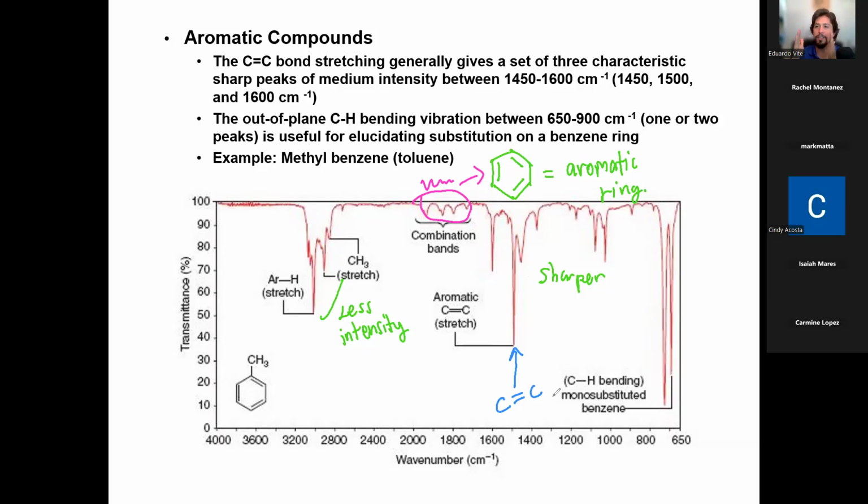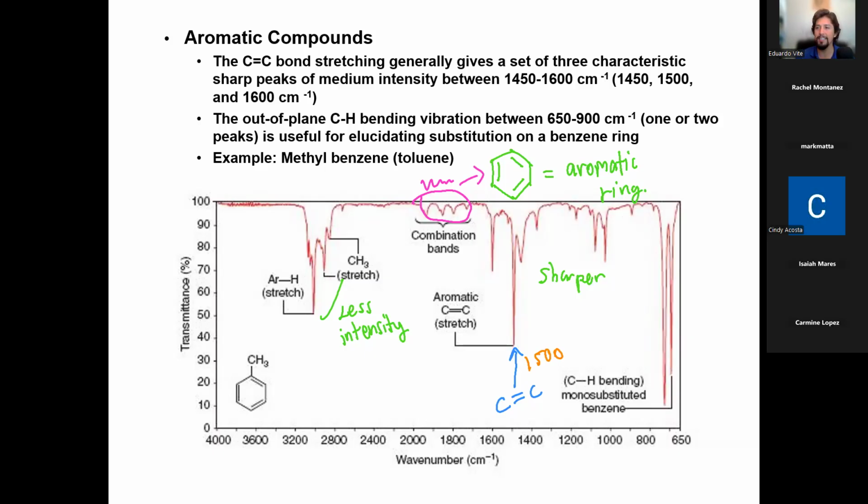That is a very sharp peak, medium intensity. Usually you find this at 1500, plus or minus some here and there. And if you see all of these things happening in your spectra, you probably have an aromatic ring in there somewhere. So this is toluene, CH3.